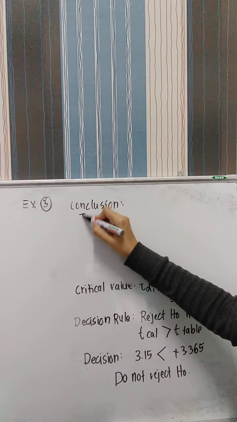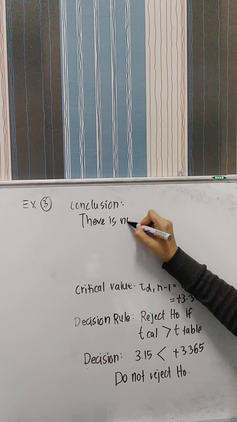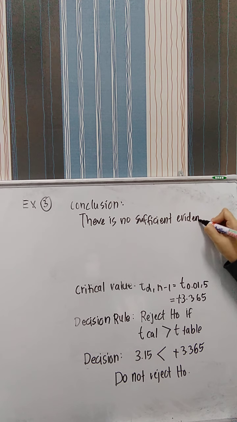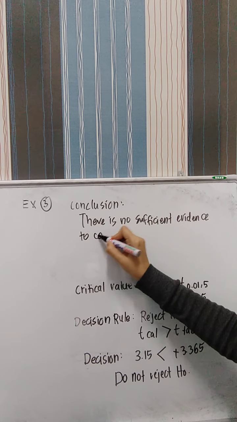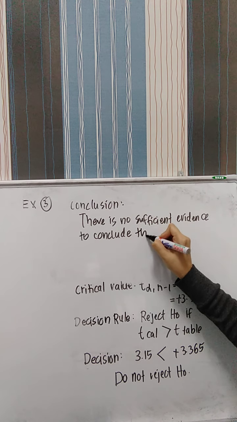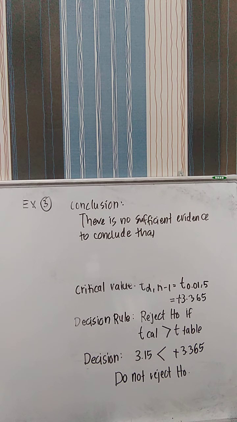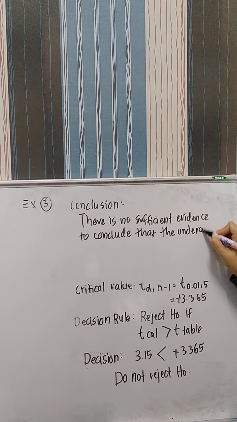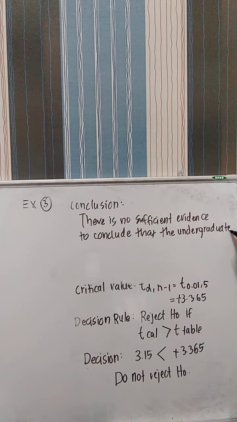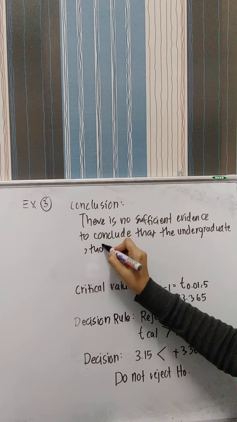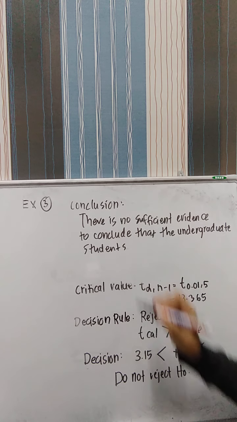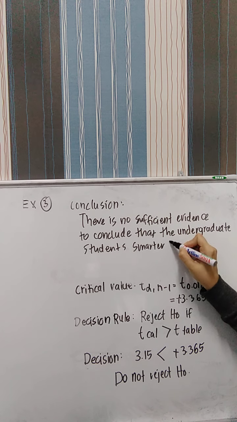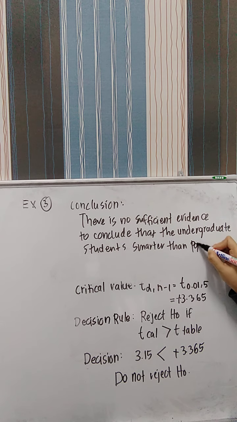Conclusion: do not reject, so there is no sufficient evidence to conclude that the undergraduate students are smarter than the population average.